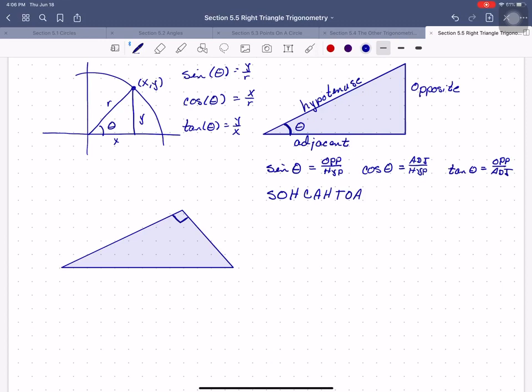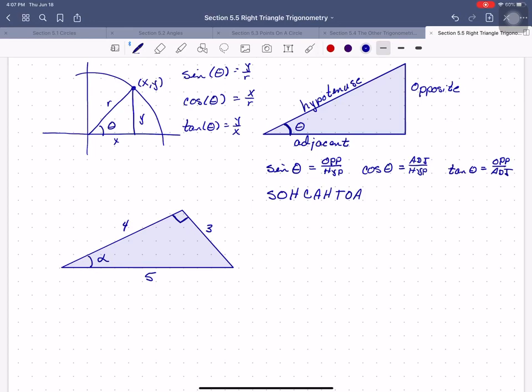So there'll always be a right angle marked. And let's put my angle alpha here. And let's say that this is a 3, 4, 5 right triangle.